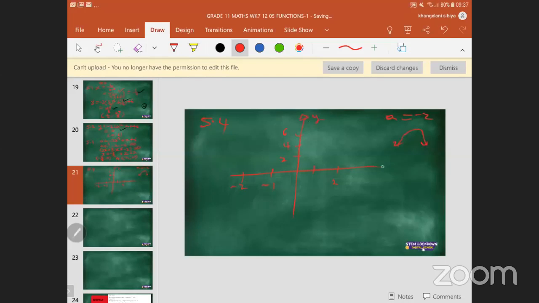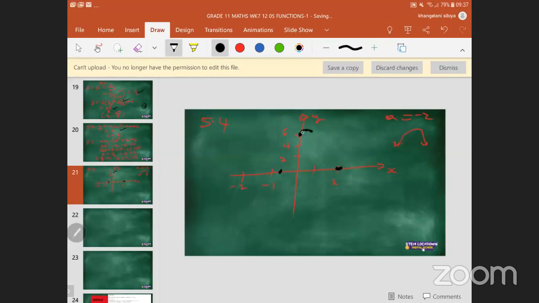This is your y-axis and this is your x-axis. You indicate your points here. There is x which is 2, there is x which is -3/2, and you also have your y-intercept. However, your x value of the turning point is 1/4, so it would be somewhere around here.